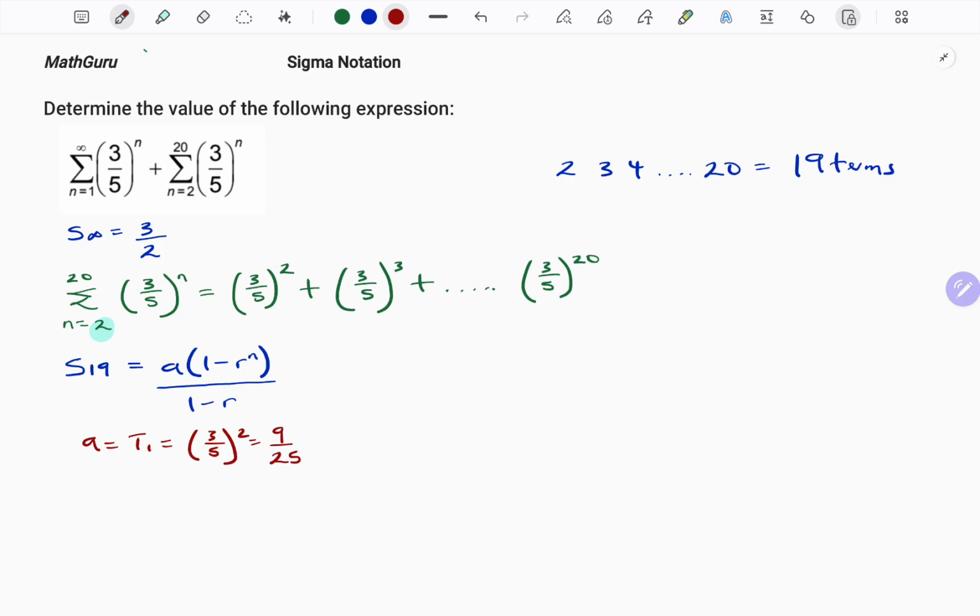My common ratio remains the same, 3 over 5. So if I substitute my values, I have 9 over 25 multiplying 1 minus 3 over 5 all raised to the power of 19 terms, close bracket, all divided by 1 minus 3 over 5.